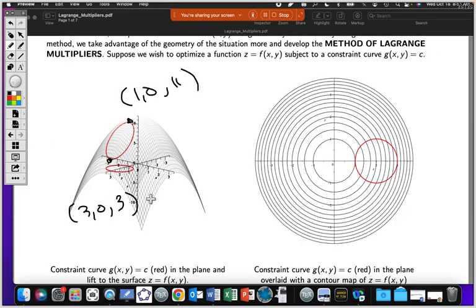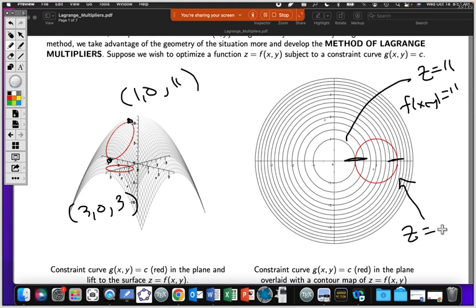And you can see here, this would be the contour z equals 11, or that would be the plane f of x, y equals 11. That's the contour there at the plane z equals 11. Here this is at the plane z equals 3, so that's the contour f of x, y equals 3. Okay? You see how it all connects or not, folks?